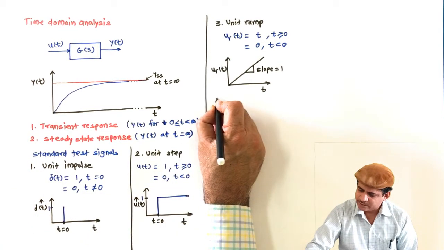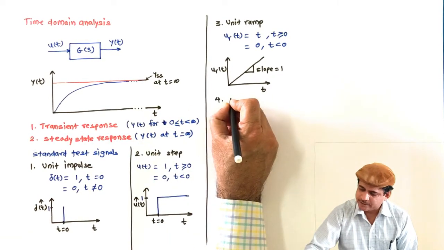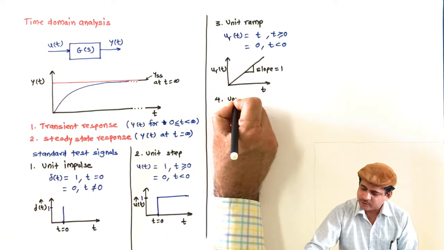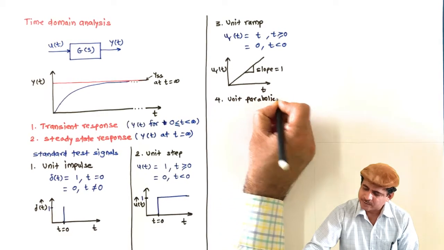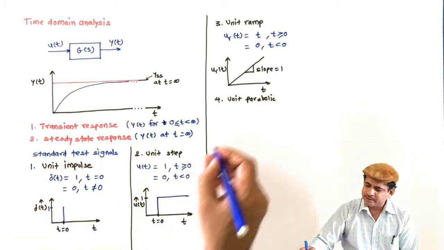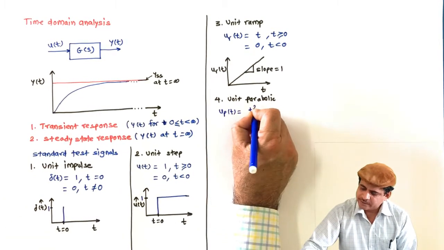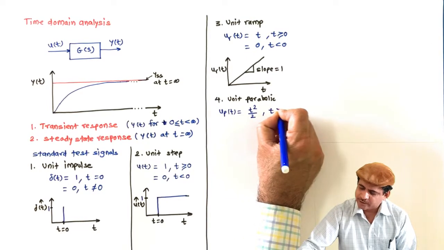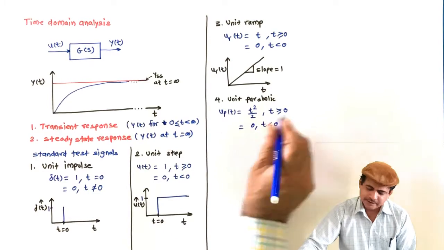Then the last one of our interest in time domain only is the unit parabolic. So let us define this as, say, UP of t, is t square by 2 for t greater than or equal to 0, and 0 for t less than 0.